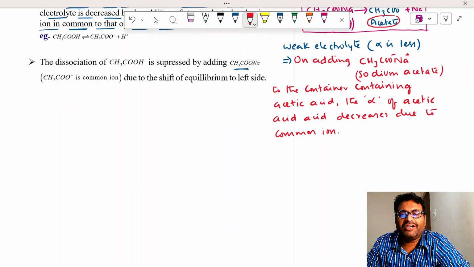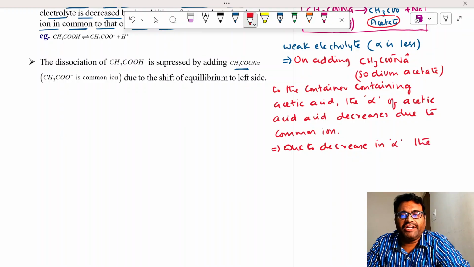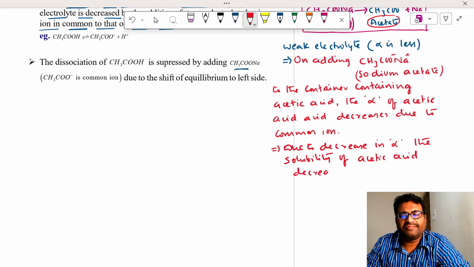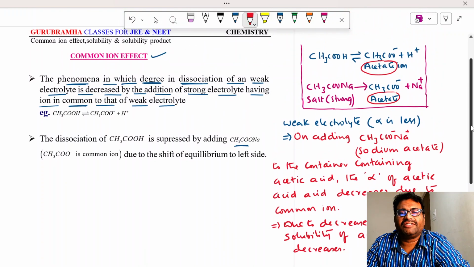So what you can write: due to decrease in alpha, the solubility of acetic acid decreases.